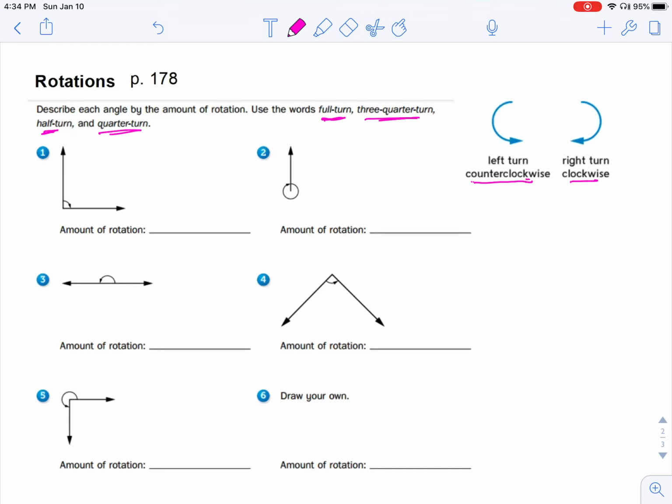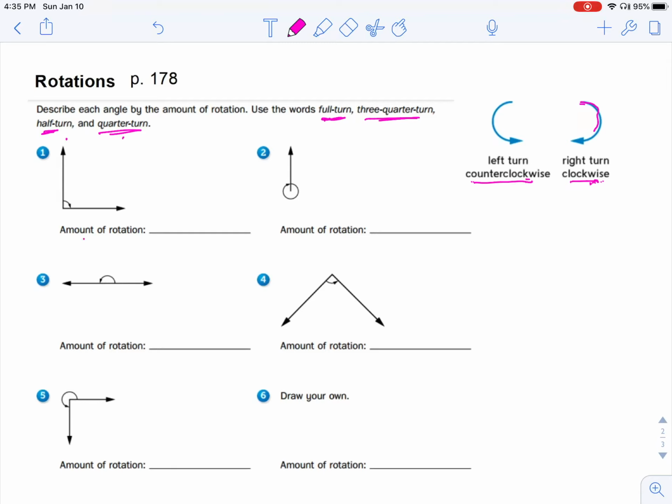That tells you which way your angle is turning, and the way you remember that, obviously, is if you picture a clock, that's the way the second and minute and hour hands are all turning, right? So that's what we use to describe that direction of rotation. So let's go ahead first and figure out full turn, three-quarter turn, half turn, or quarter turn.